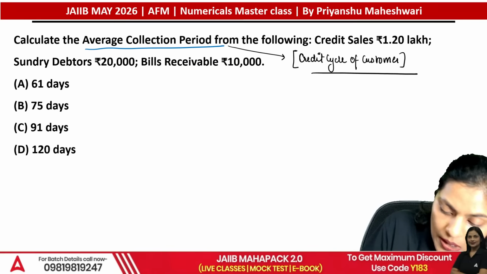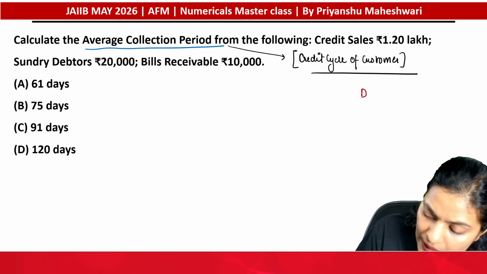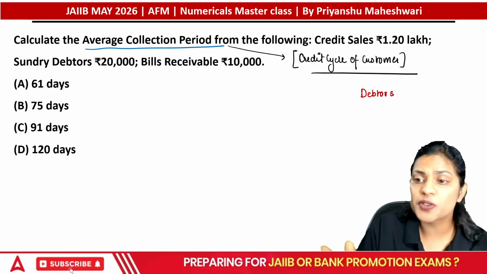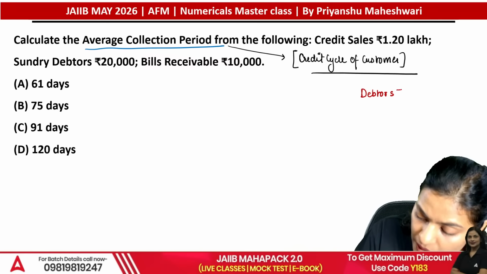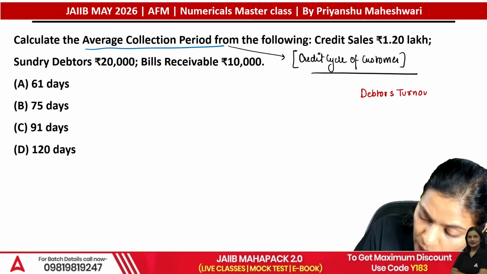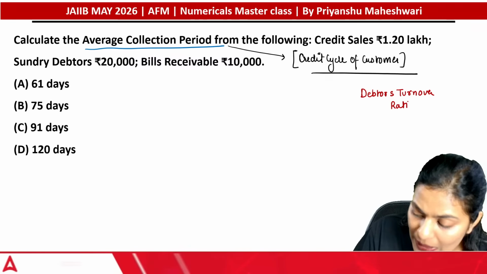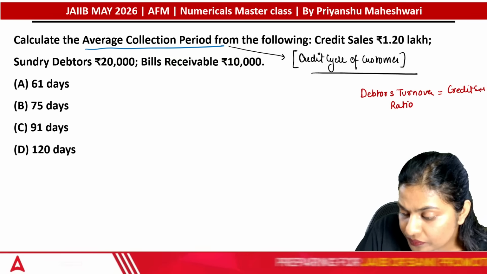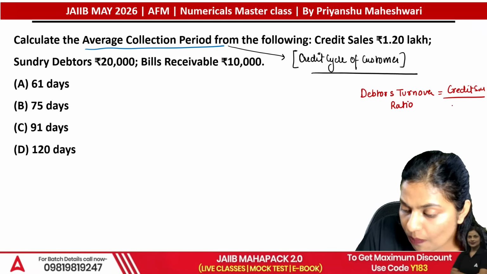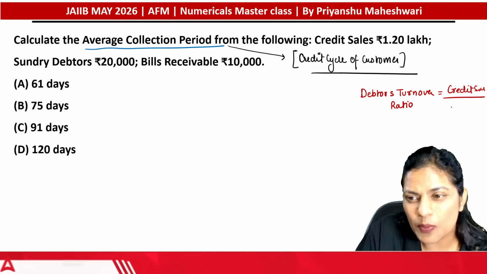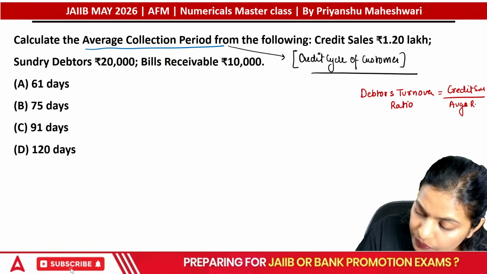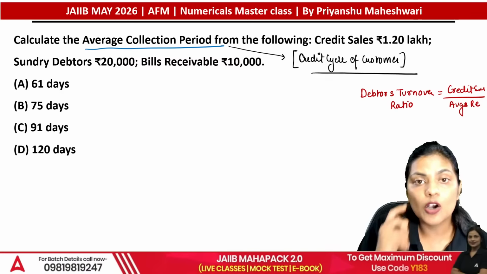Correct? Now, the formula is, first of all, debtors turnover ratio. They can also ask you in terms of velocity, the same thing, debtors velocity ratio. So, debtors turnover ratio: my debtors are related to credit sales, upon average receivable. Correct. Now, how much is my credit sale?